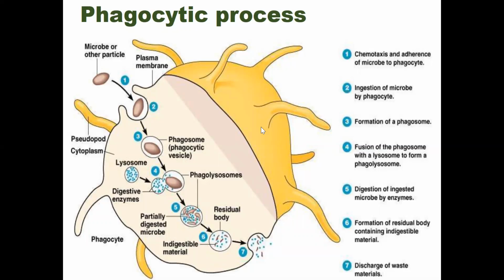That means this is a modified white blood cell, which is able to digest foreign particles or microbes or foreign invaders. Suppose this brownish component is the microbe or other particle, any kind of foreign invader, and this one is the macrophage or phagocytic cell.